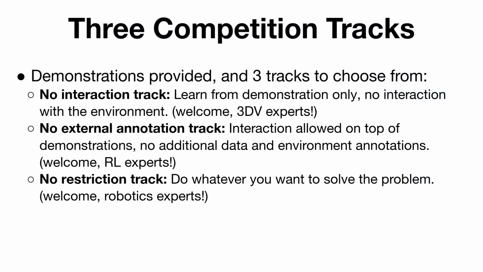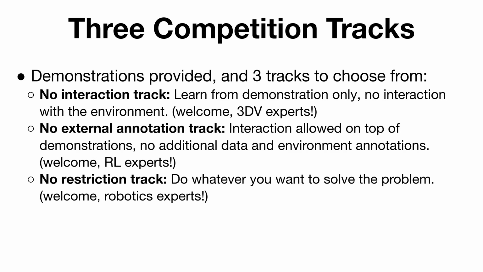To accommodate participants with different backgrounds, our challenge is arranged into 3 tracks. In the no interaction track, participants are provided with demonstrations to build agents. No interaction with the environment is allowed. In the no external annotation track, both demonstrations and interactions are allowed, but no external annotation is allowed.